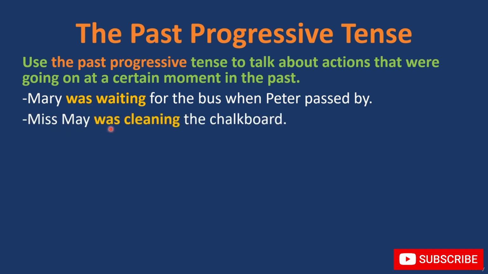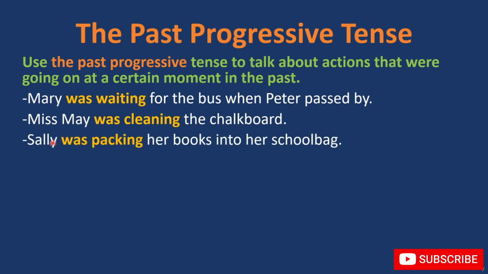Miss May was cleaning the chalkboard. Sally was packing her books into her school bag. So again, I use the past continuous to talk about actions that were going on at a certain moment in the past. So during these moments, these actions were happening.